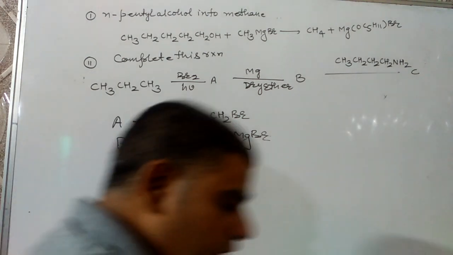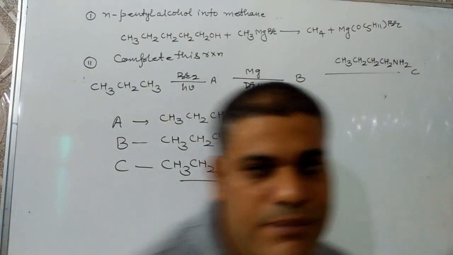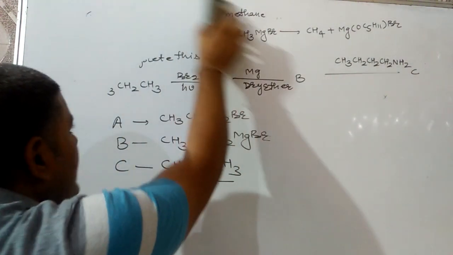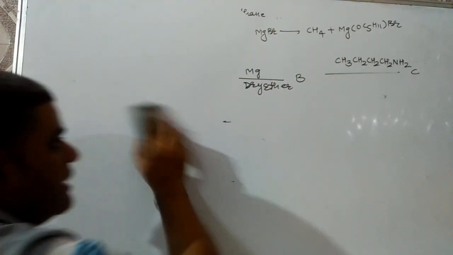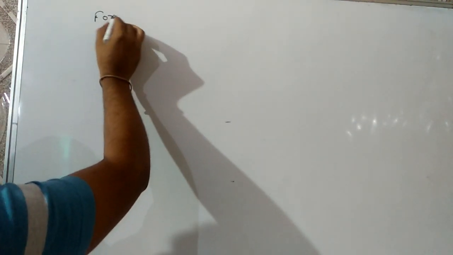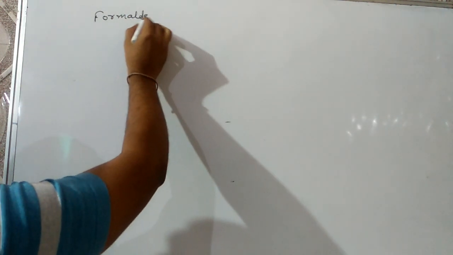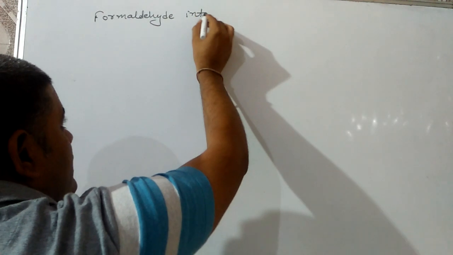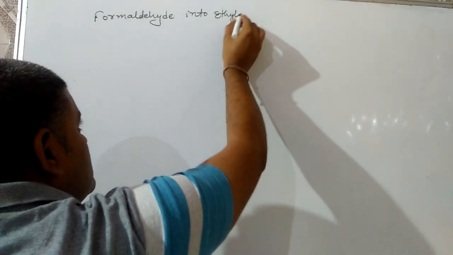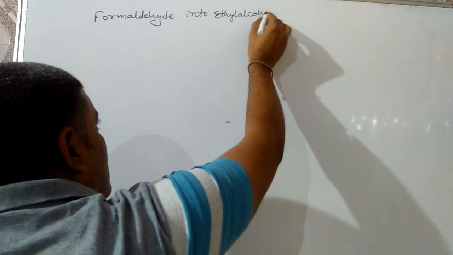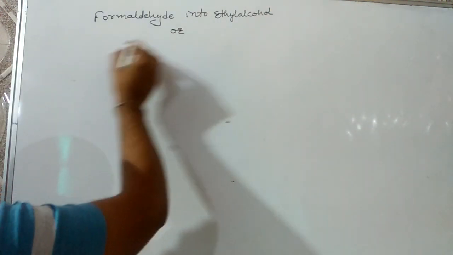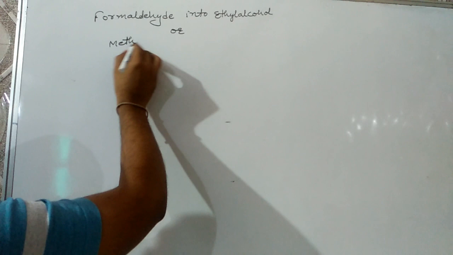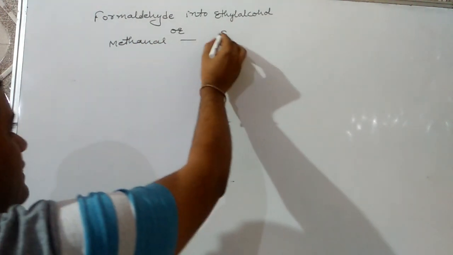Now I am doing a few conversions which are generally asked in your board exams or your competitive exams. The first one is: convert formaldehyde into ethyl alcohol, or you can say methanol into ethan-1-ol.